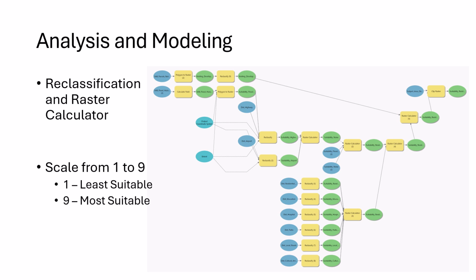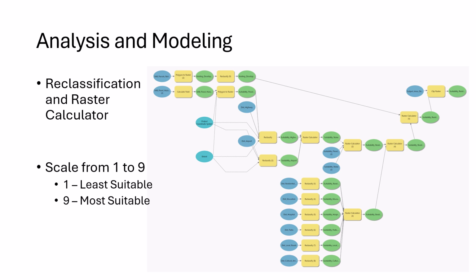So for positively correlated things like hospitals and schools and existing residential development, things that were near were given a 9, most suitable, and things that were far were given a value of 1, which is least suitable.